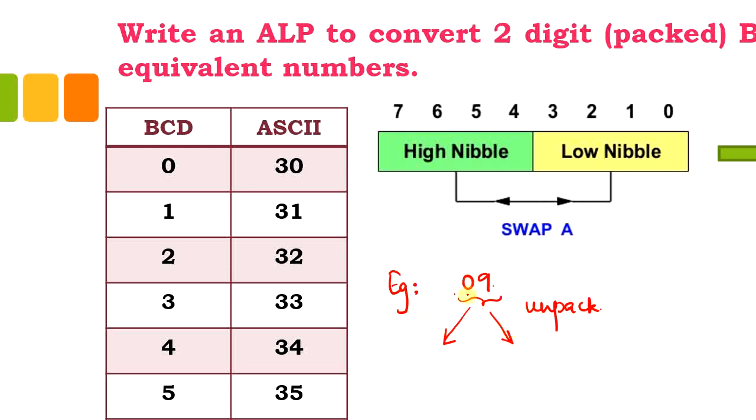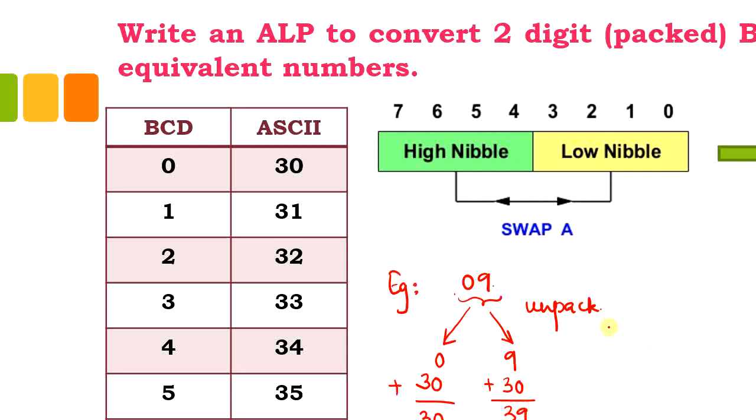So 09 will be unpacked or segregated as 0 and 9. Then I am going to add 30 to each of them. So this will be 30, this will be 39.